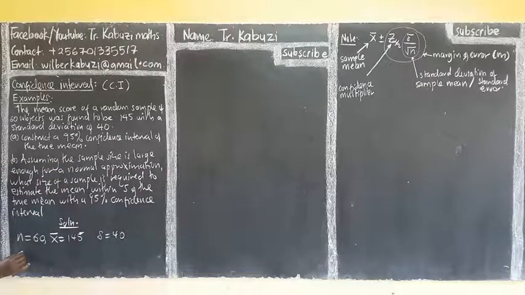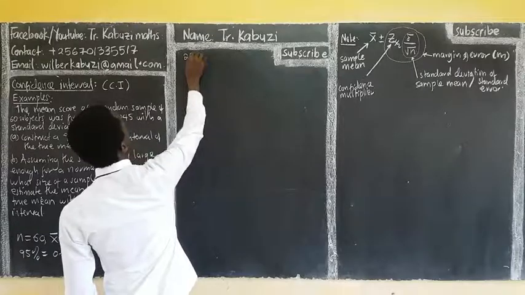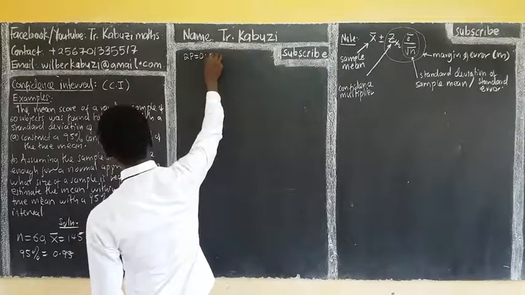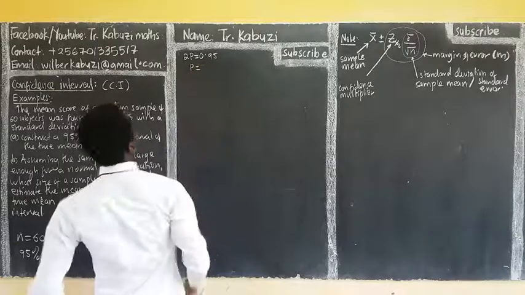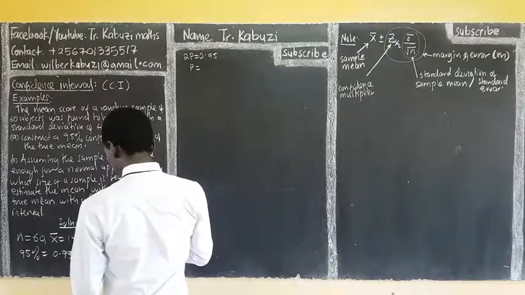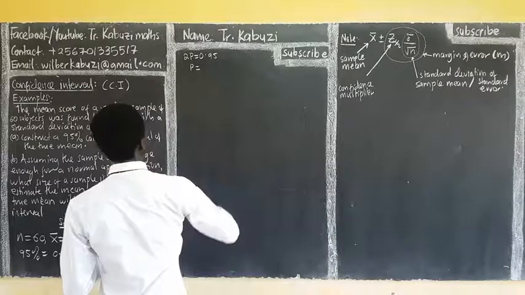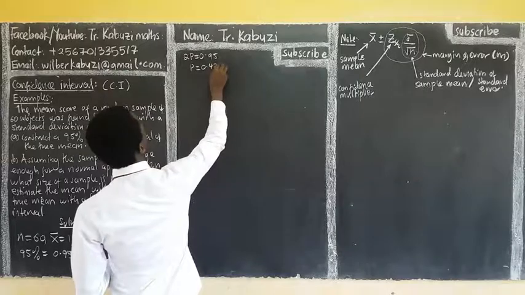So now we have a 95% confidence interval. This will be the same as 0.95. So our 2p is 0.95, so our p here, dividing that by 2, we get 0.475.